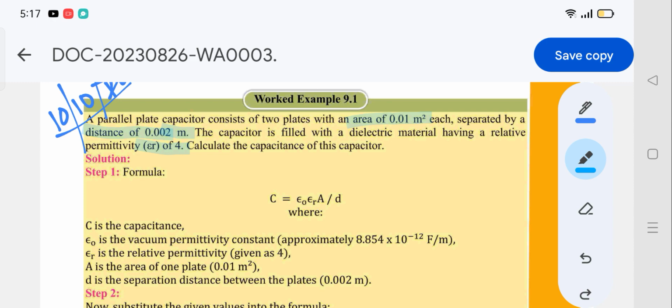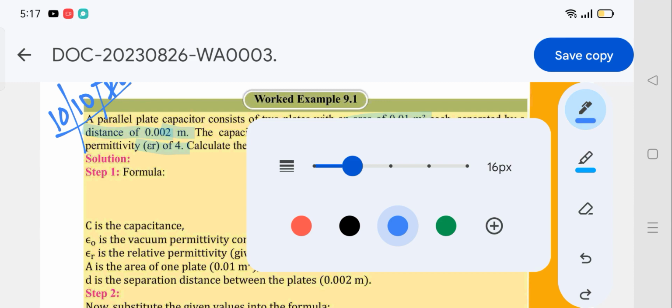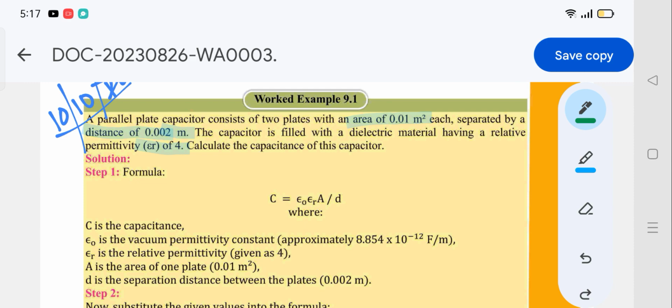Now they have asked for the capacitance of the capacitor, and they have given us the area of the plate, the distance between the two plates, and the ER as well. As you remember, we have already discussed the capacitance of a capacitor with a dielectric medium between the two plates. Initially we derived the formula for the dependencies.